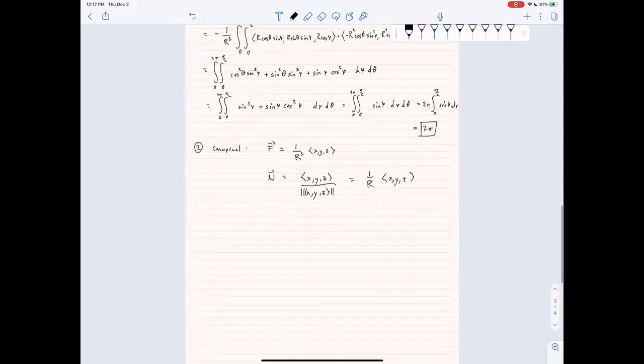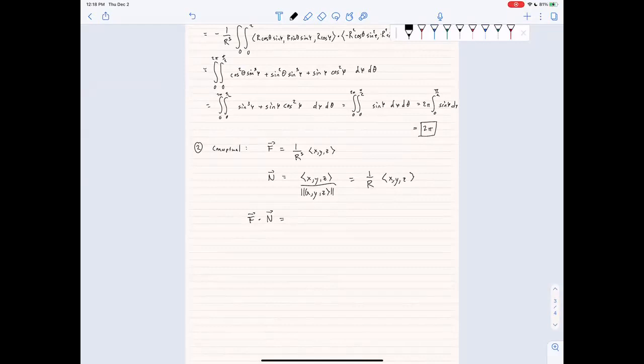Cool. Okay, well, what is f dot n? You guys can tell me. Remember, we're on the hemisphere of radius r.